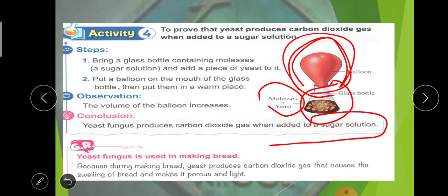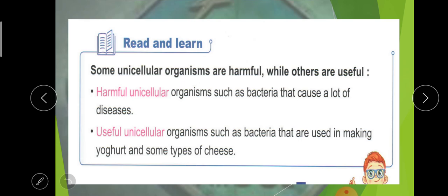Give a reason: yeast fungus is used in making bread because it produces carbon dioxide gas that causes swelling of the bread and makes it porous and light. Are all unicellular living organisms around us useful or harmful? Unicellular organisms like bacteria around us, some of them are useful and some are harmful.